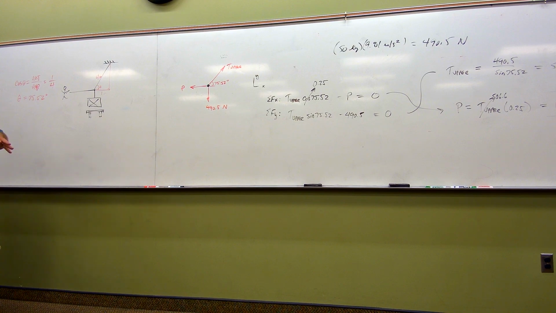If you had a crate hanging there that really weighed 490 newtons, and you had to pull a rope to get the crate to just swing over a little bit, and your math tells you that you need like 5,000 newtons to do that, that should bother you, because it'd be easier to just go pick up a crate and hold it over the wagon, and it'd take less work to do that. So if I got a big number like that, something went wrong.